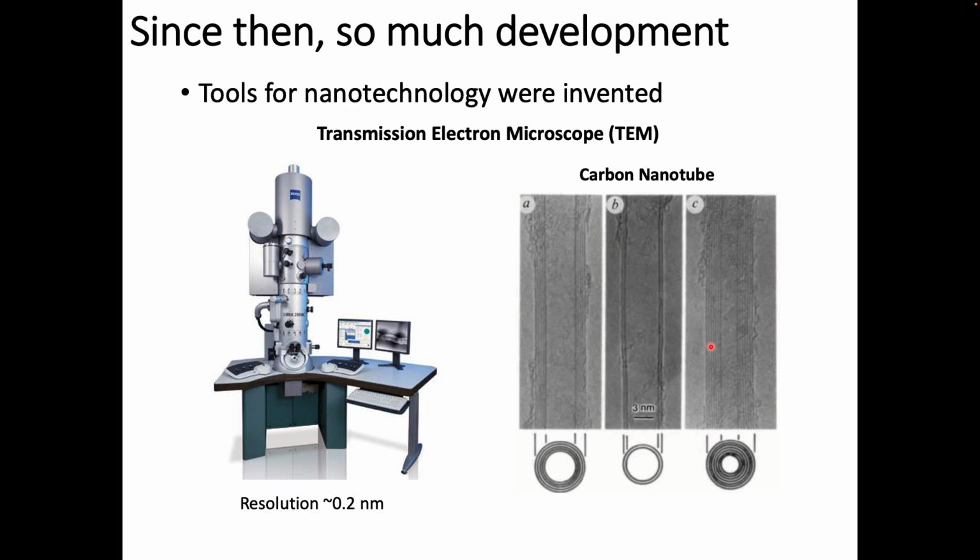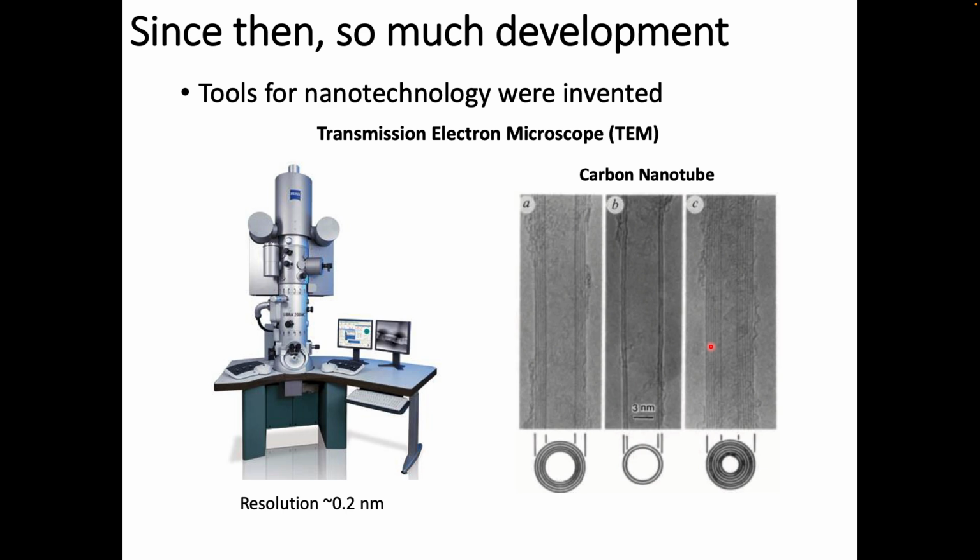So with the transmission electron microscope, you can identify very, very small features. For this one, there are more than 2 walls. You can identify how many walls a carbon nanotube has by applying the TEM.